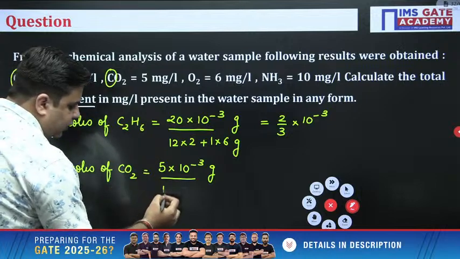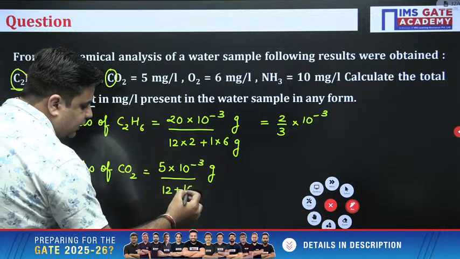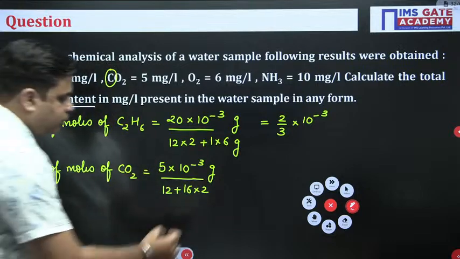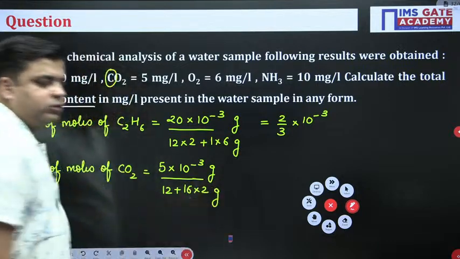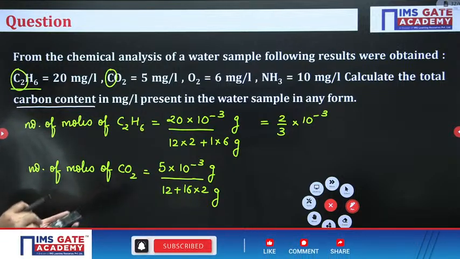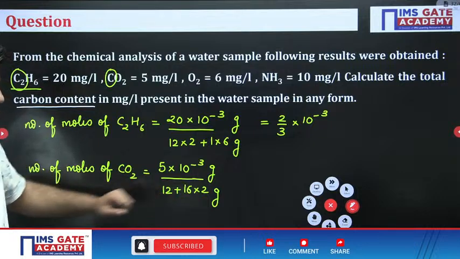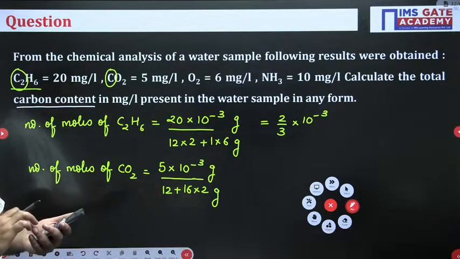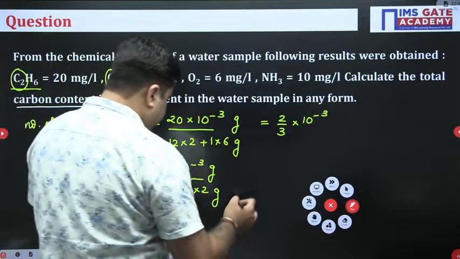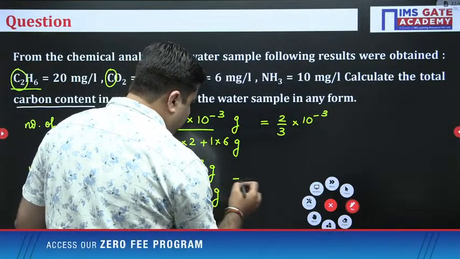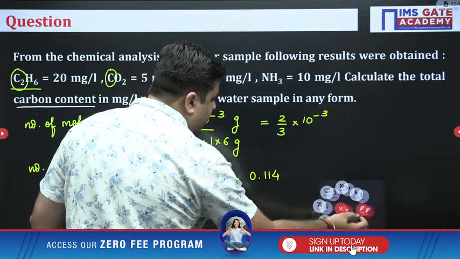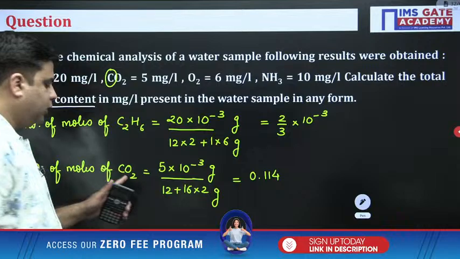Carbon is 12, oxygen is 16 into 2, and this will also be in grams. So this will be 32 plus 12, 44. So 5 by 44. This will be 0.114. This will be the number of moles of CO2.